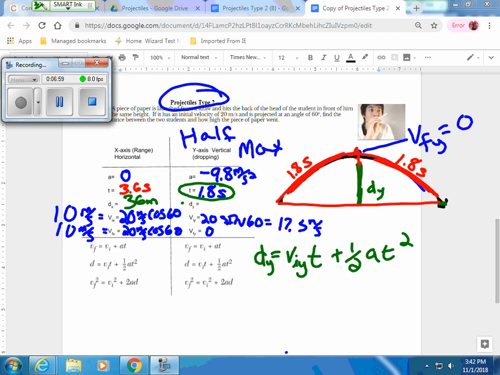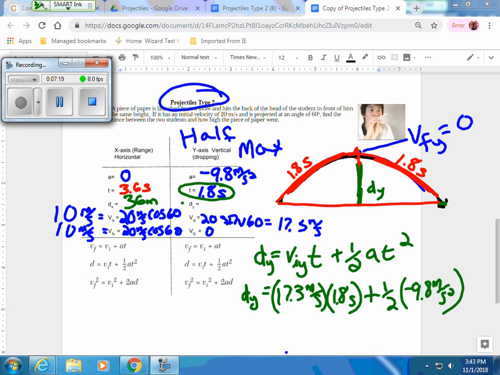So, moving forward, you're going to have dy is equal to 17.3 meters per second times 1.8 seconds plus 1/2 negative 9.8 meters per second squared times 1.8. Sorry, I gotta put seconds and I gotta square it. Don't forget your squared. It's important.